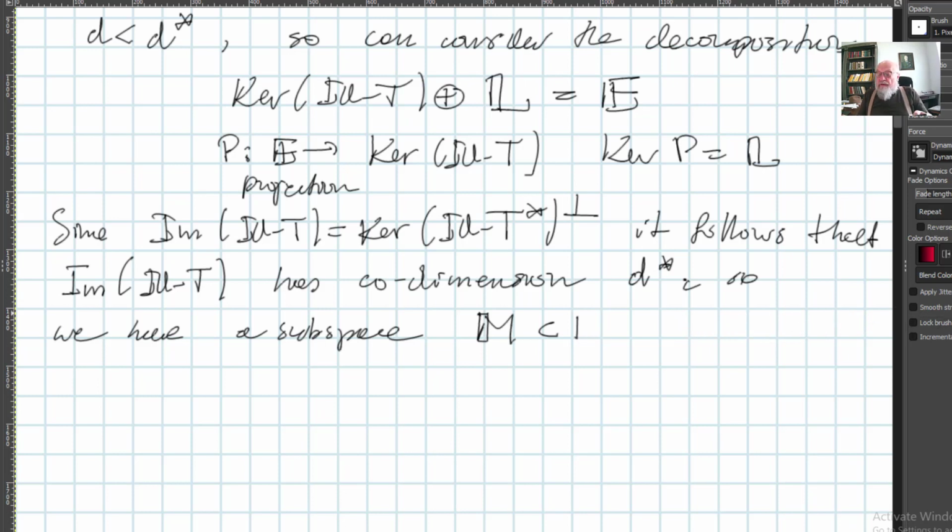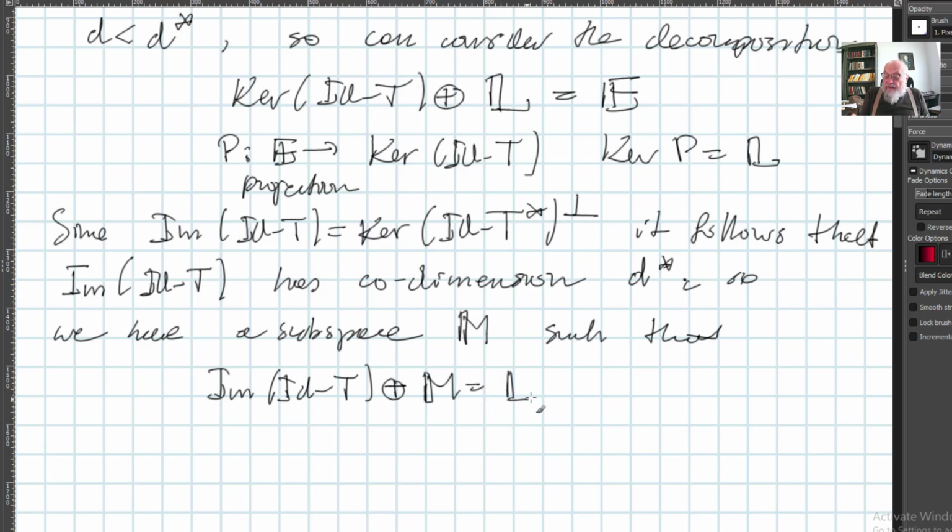We have the codimension, sorry. M such that the image is closed, finite dimension, so that the image plus M is equal to E. So this is what I have here.